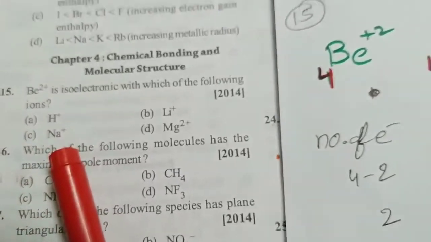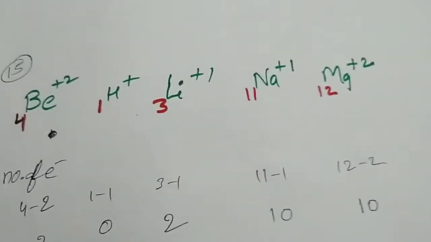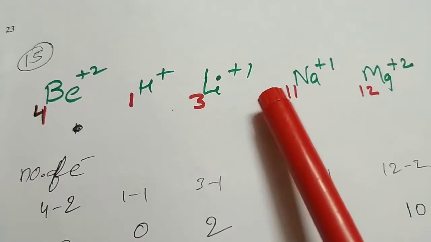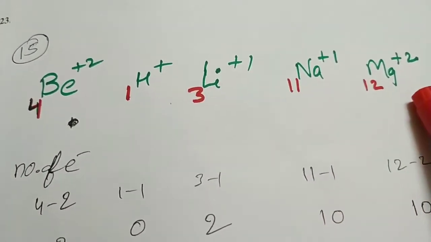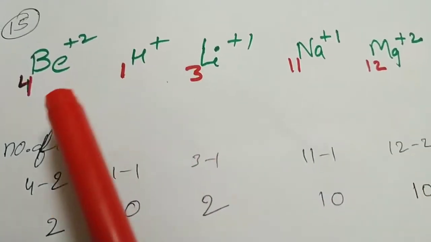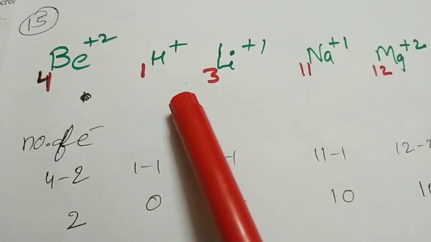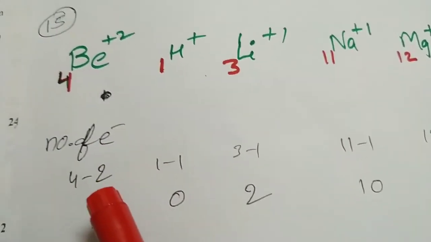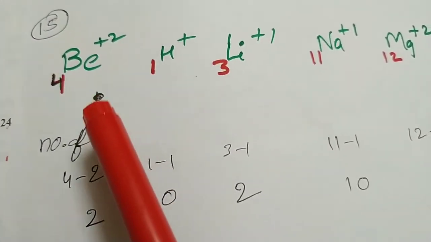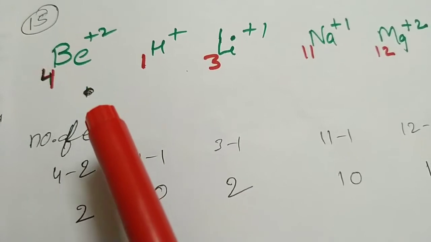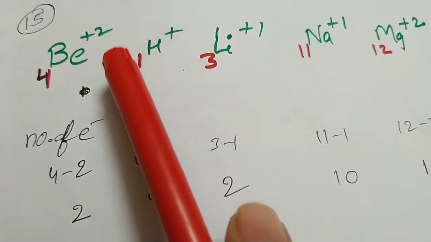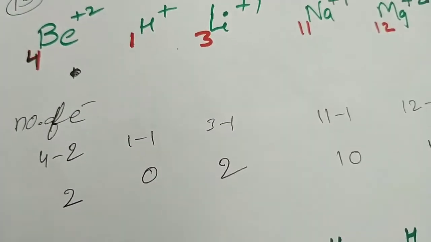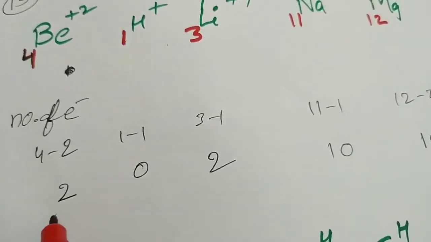If you want more explanation here: Be²⁺, H⁺, Li⁺, Na⁺, Mg²⁺ are given in the question. The red ones are atomic numbers. Now the number of electrons. In beryllium, 4 electrons should be present according to atomic number, but the 2+ means 2 electrons are lost, so only 2 electrons are present.